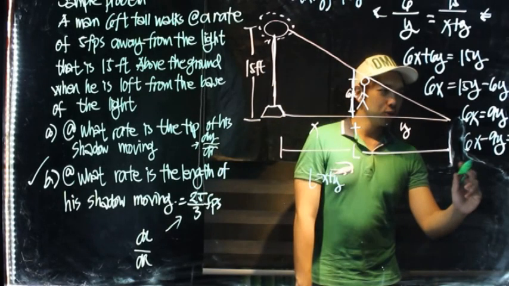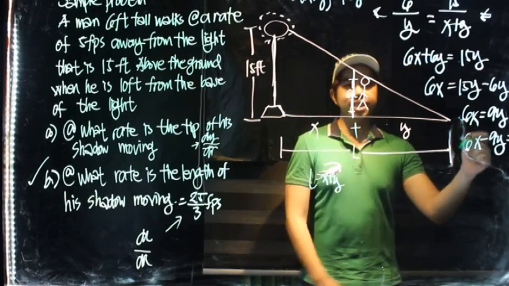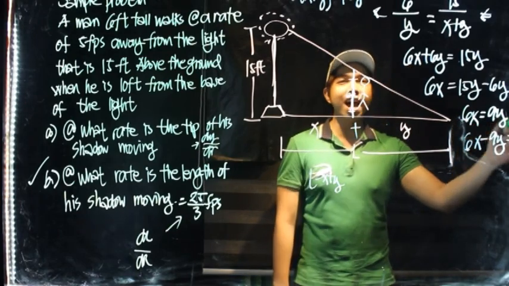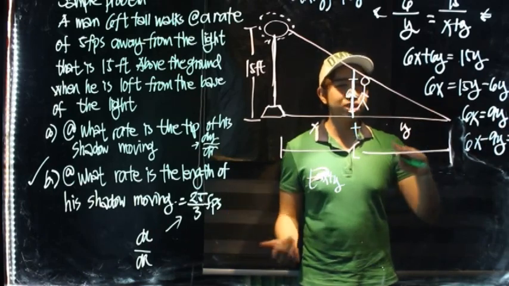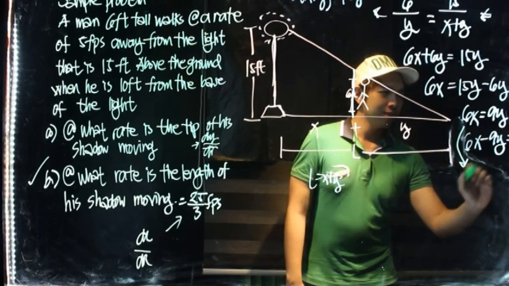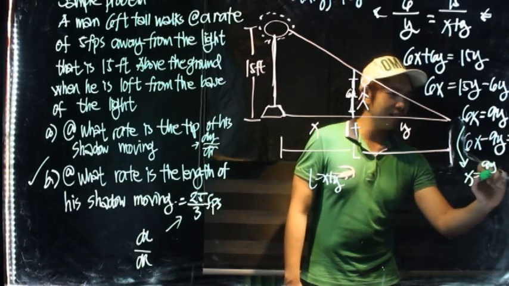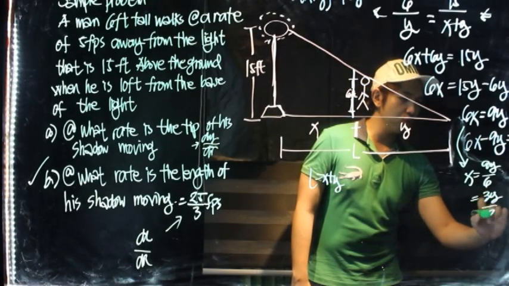We know that 6x goes to 9y, so instead of transposing 9 to the other side like what we did before, this time we're going to transpose 6 to the other side. So x is equal to 9y over 6, which gives us 3y over 2.